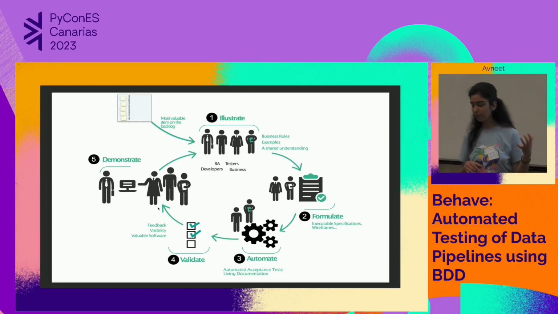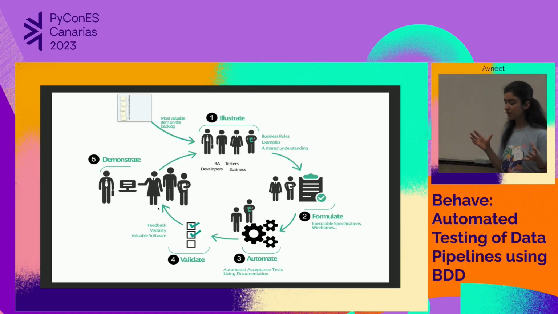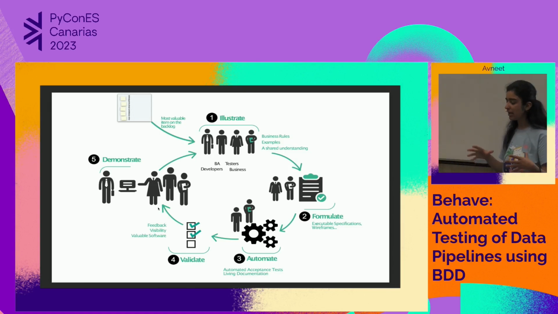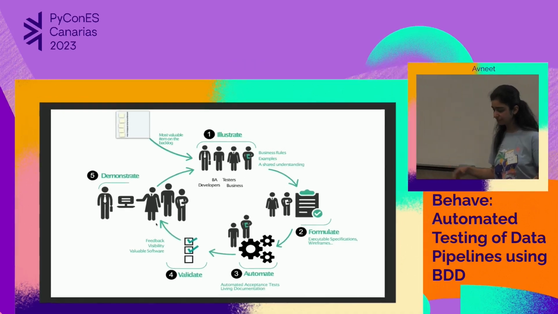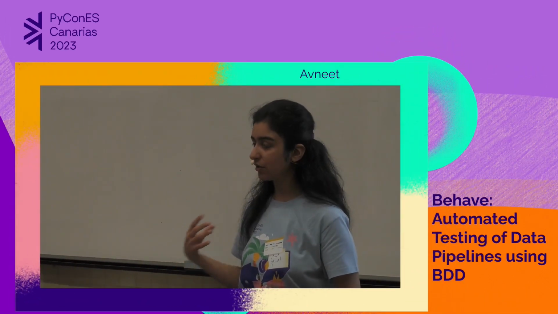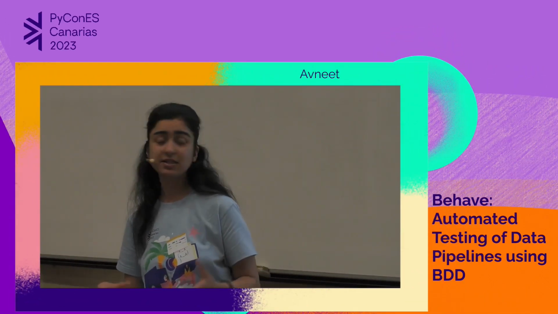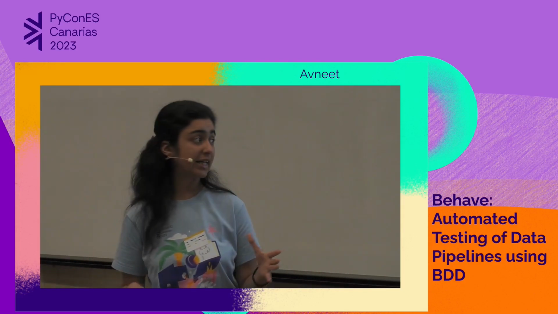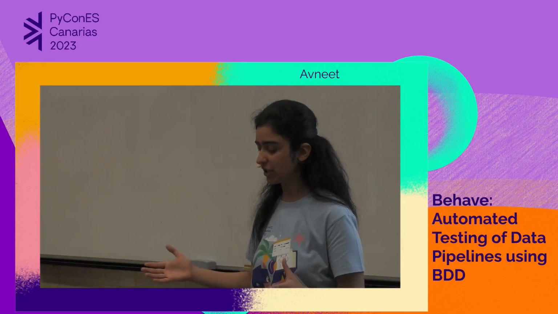Then we formulate all of these specifications which we get from the business owner as well as our stakeholders, and we come up with all of the features that we are trying to build. We automate our acceptance tests using behavior-driven development, and then it goes through a validation cycle to be GXP compliant.